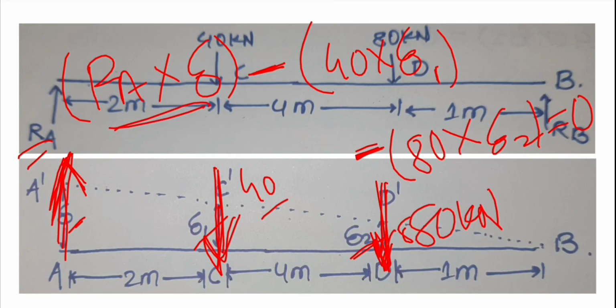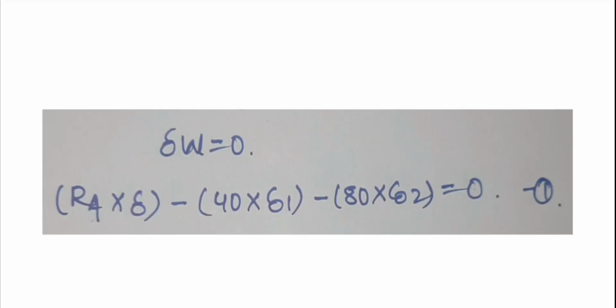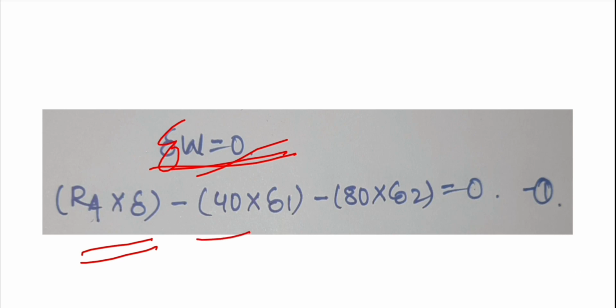But for RA, the displacement is upward and the force RA is also upward, so this will be positive. So rewriting the equation, we get delta W, the virtual work done, equal to 0, that is RA into delta minus 40 into delta 1 minus 80 into delta 2 equal to 0.